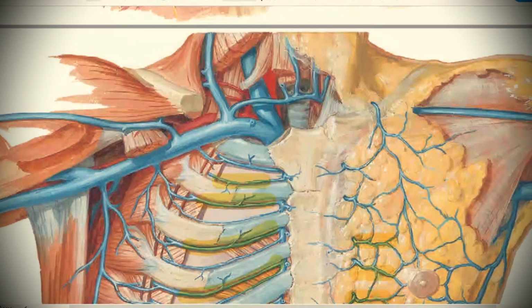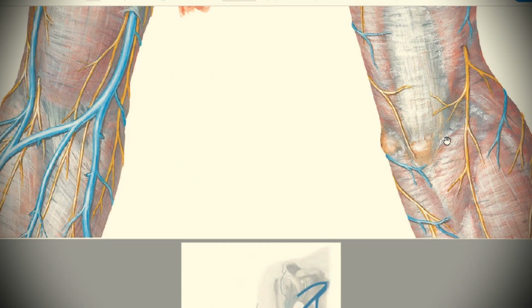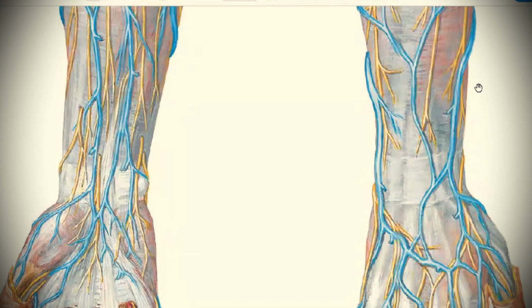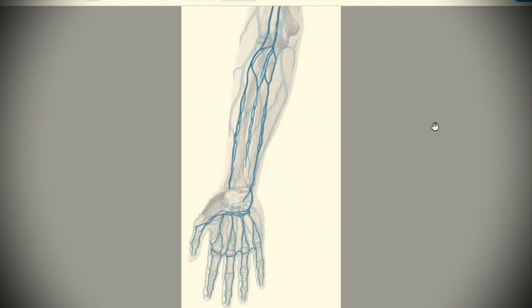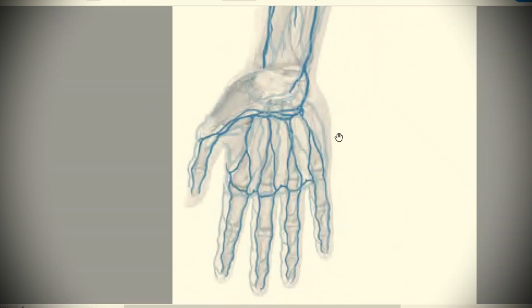Vena subclavia has the same tributaries as the arterial subclavia has branches. Now we're going to speak about veins of the upper limb. Veins of the upper limb are divided into deep and superficial. They all begin on the tips of the fingers of the hand from proper digital veins, palmar and dorsal.